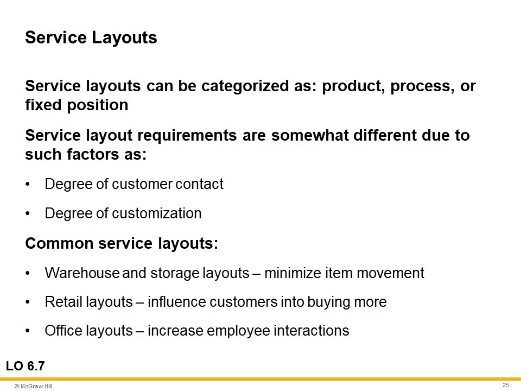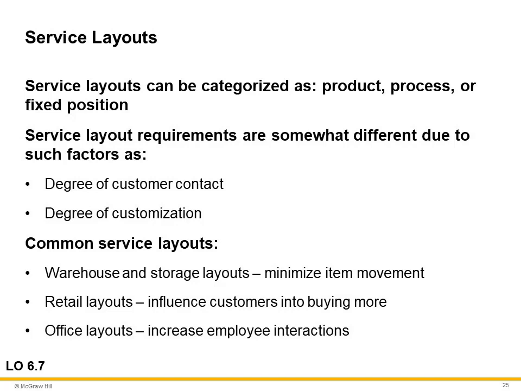So far we have talked about product layout. Just for clarification, in chapter 6, when we say products, we mean tangible items, goods. And service layout is similar to product layout. We can classify it as product, process, or fixed position layout. When considering service layout, we have to consider 2 factors.